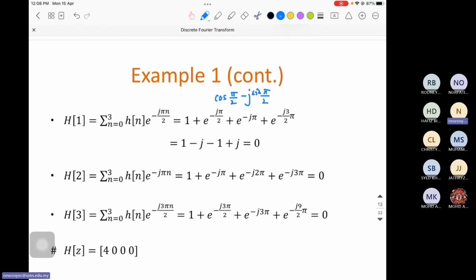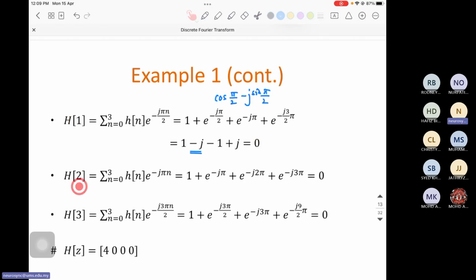Cos pi by 2 is 0. Sine pi by 2 is 1. Therefore, minus j is here. Similarly, you can calculate for this and this. For this, you will get the value minus 1 here. For this, you will get plus j. So if you add up all this, you will get output 0 here. So I will say capital H of 1 is nothing but 0.